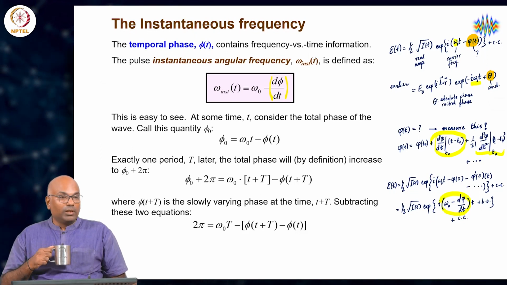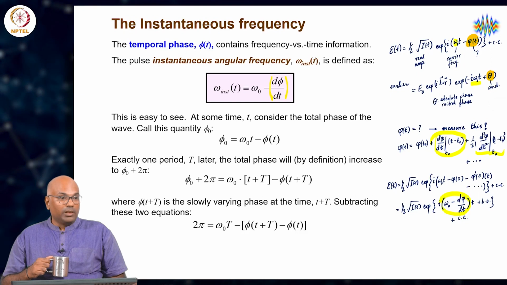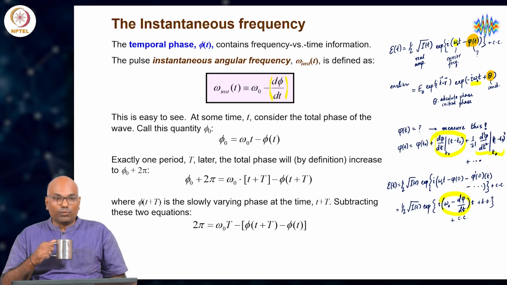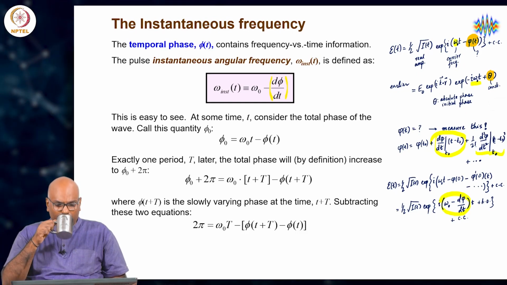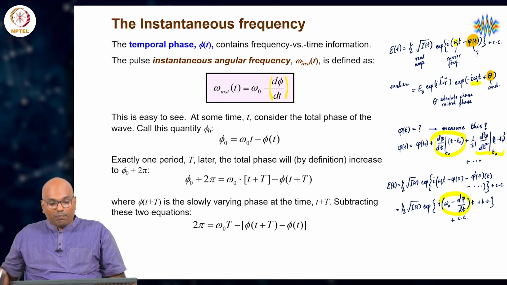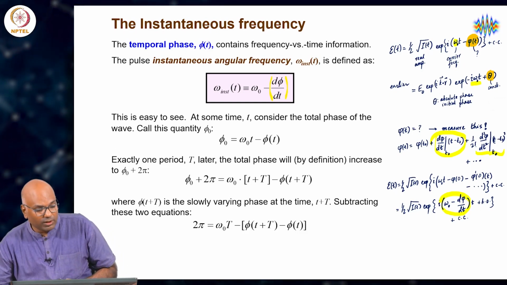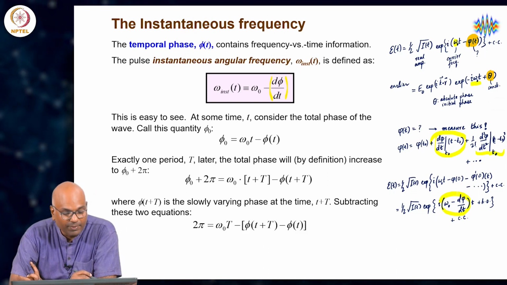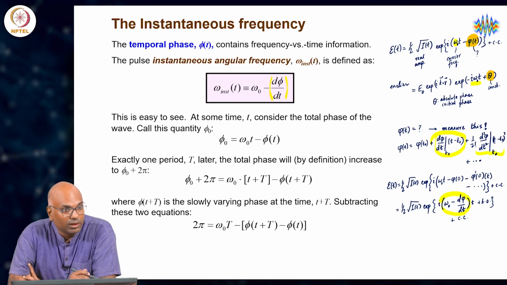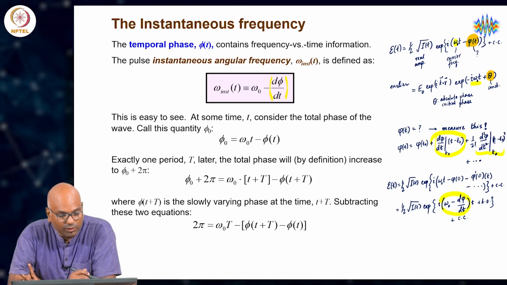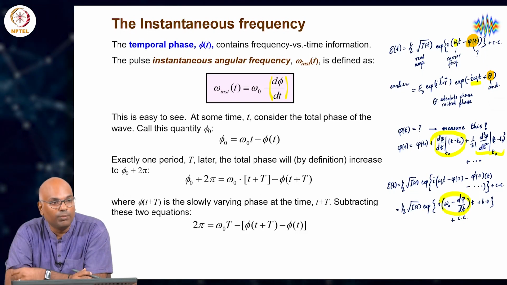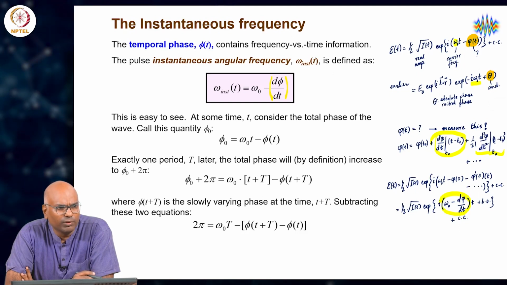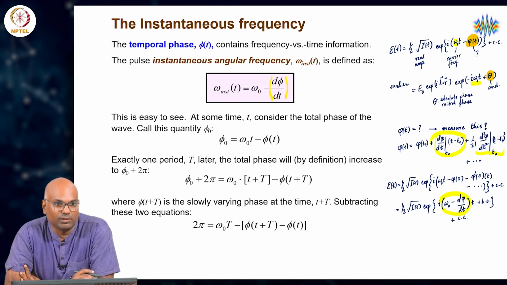Omega naught is only a majority participant. Unless it is a majority participant in this, it probably has no reason to be given the special designation of a carrier frequency, right. So, as a consequence, in the process of generalizing this, we have given way for this phi of t function to creep even into the definition of this all important carrier frequency, which is what is sort of carrying the wave through, because the envelope contains a lot of information, but the carrier is literally what carries it, right.